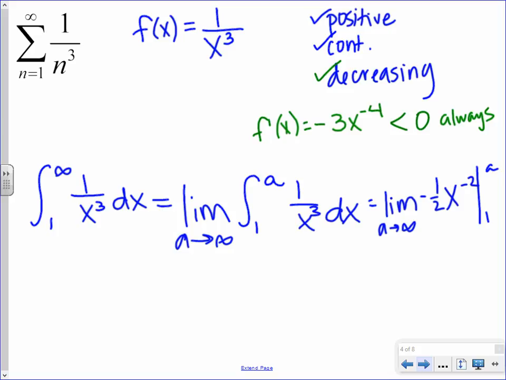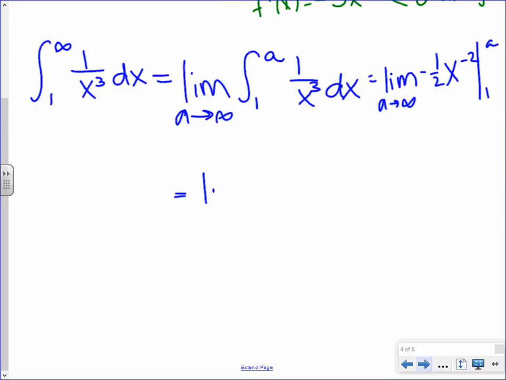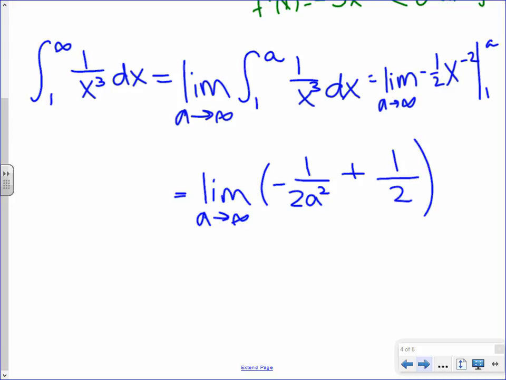Okay. So we have the limit as a approaches infinity of negative 1 over 2a squared minus negative 1 over 2 times 1 squared. What happens to negative 1 over 2a squared towards infinity?